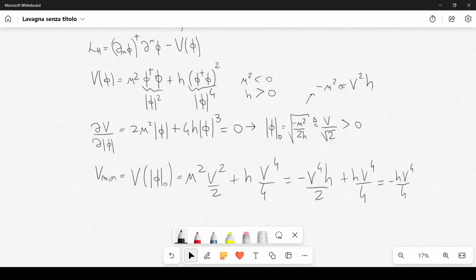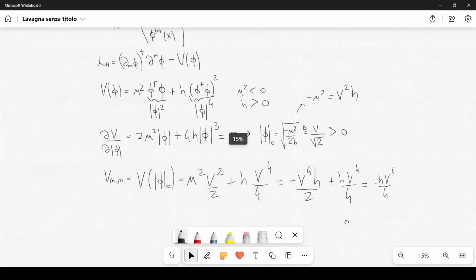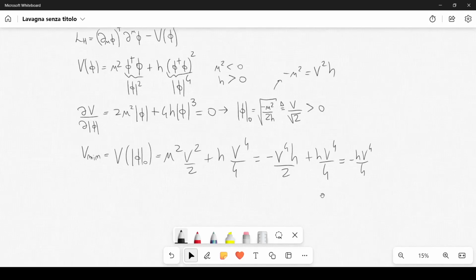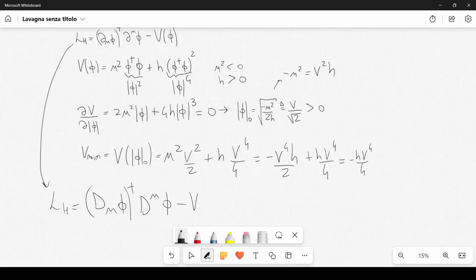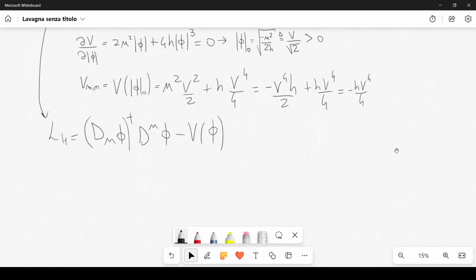Now, when we consider these possible interactions, the Lagrangian will be written with the covariant derivative: D_μ φ† D^μ φ minus V(φ).